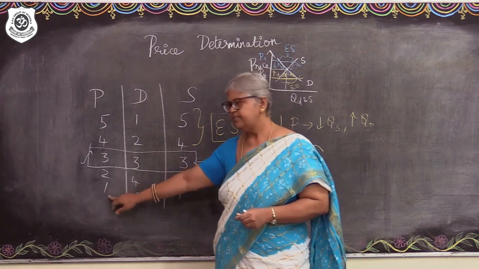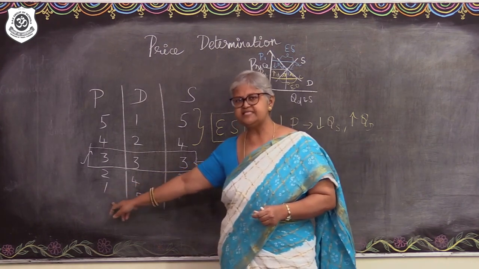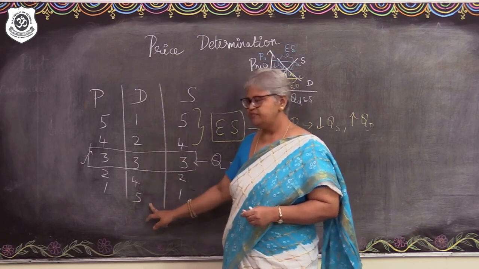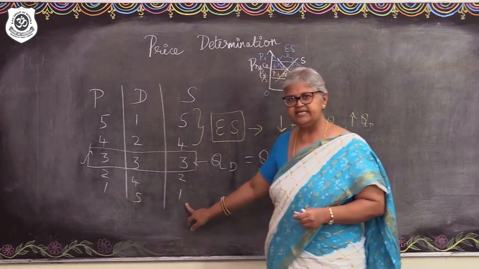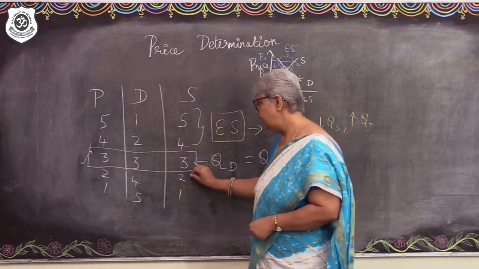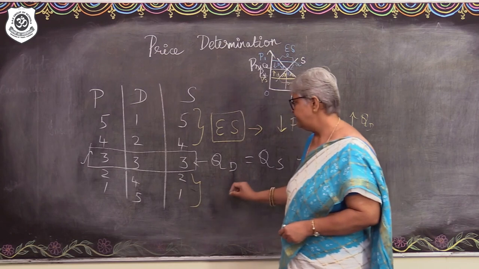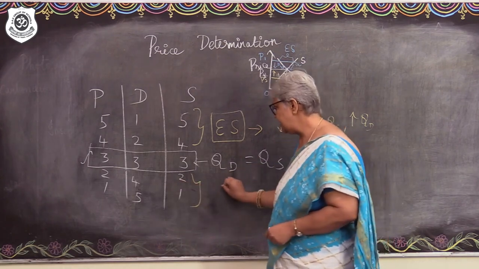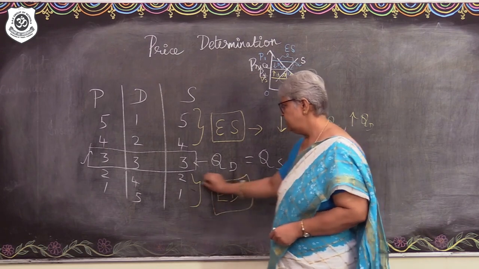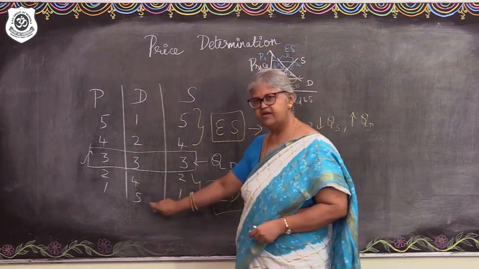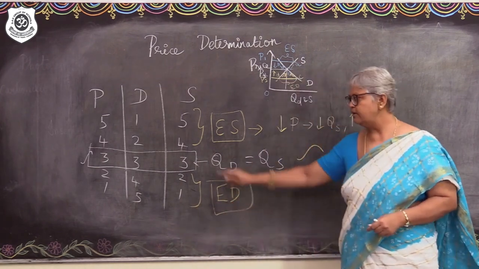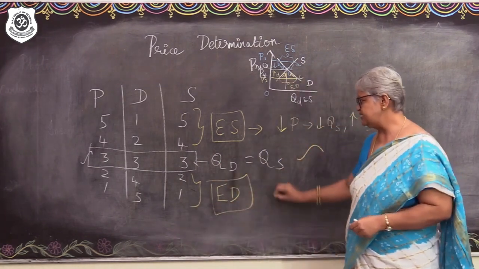And at the next level, when the price is 1, the quantity demanded is 5 and the quantity supplied is 1. So what's happening here? Over here, we understand that there exists an excess demand, right? Can you see this? 4, 2, 5, 1. There exists an excess demand at these price levels.